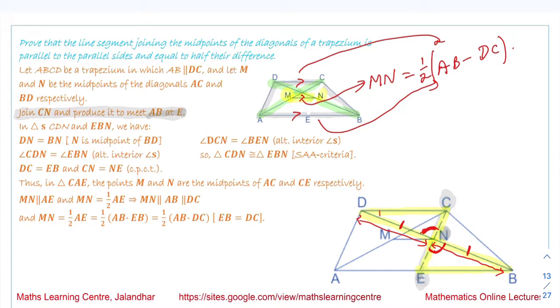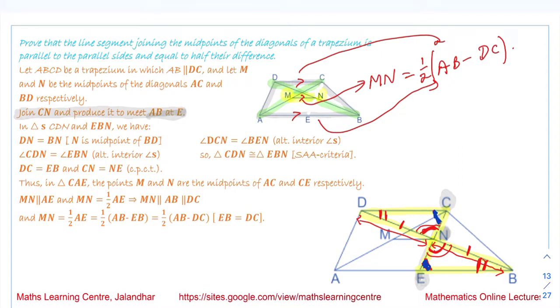And the next thing we have is this angle D and this angle B are equal. This angle E and this angle C are equal. So we have all three angles equal, the corresponding angles over here. We are saying angle N is equal, angle D is equal to angle B, and angle C is equal to angle E. Both these angles are equal. So these two triangles are congruent to each other.